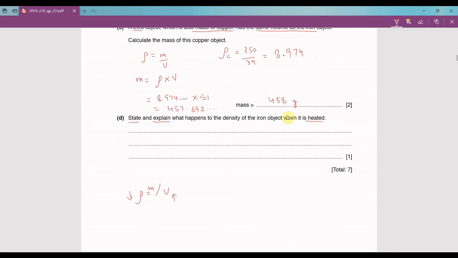So look at the command words carefully. State, they want you to state what will happen. The density will decrease. So I'm stating my answer first. The density will decrease. But this is not enough. We have to explain it as well. So why would that happen?